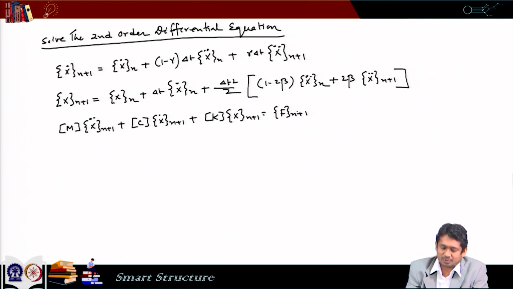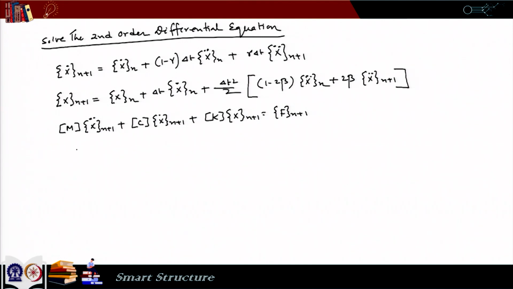Now, we can see that we have three unknowns at the present time step, x, x dot and x double dot. Everything at the previous time step is known to us, and we have three equations. So, we can again solve it and do the time marching.